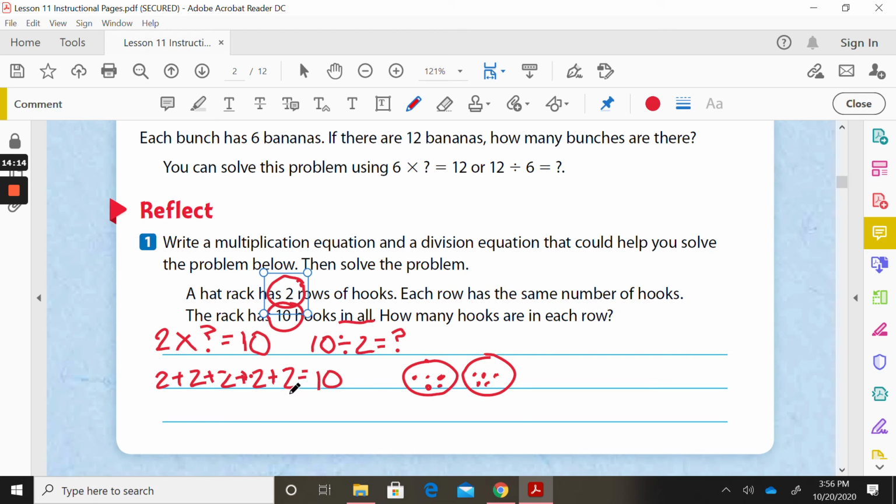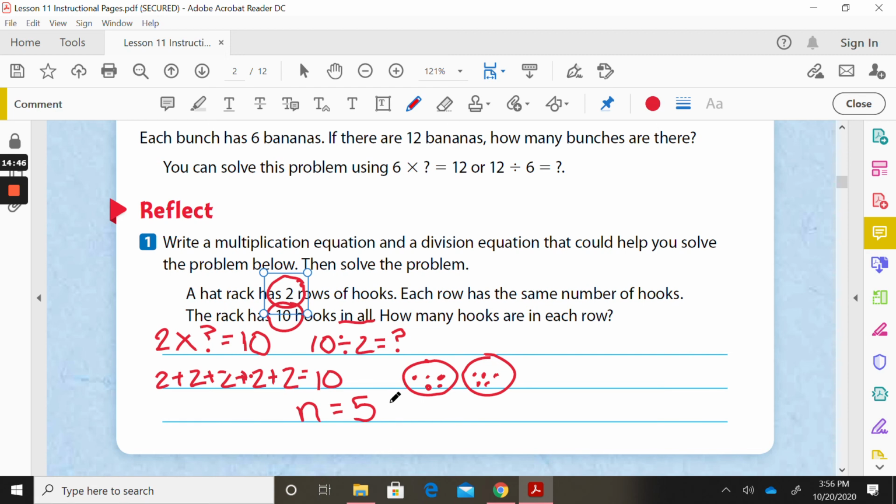You could use these strategies to help you solve. So we can look at these 2 examples and see that 1, 2, 3, 4, 5 is the missing number. Here we have 5 in each group. So we know that our missing number, and I'm going to use an N to stand for my missing number, is 5. So those are the introduction pages for lesson 11.